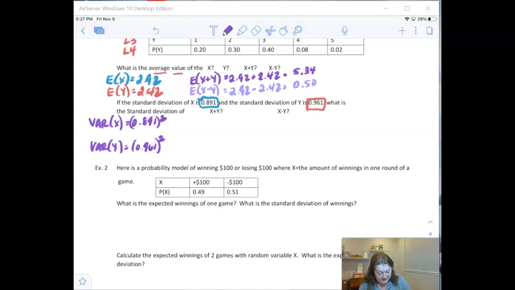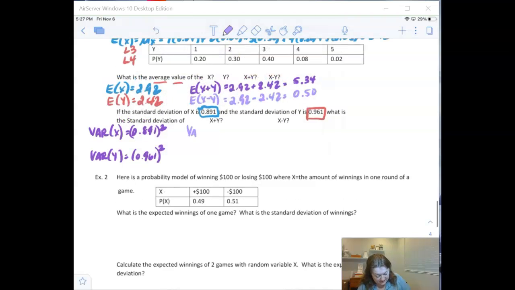All right, so next one, I want to find the variance of X plus Y. So the variance of X plus Y is going to be 0.891 squared plus 0.961 squared. Okay, and I'm going to go grab my calculator and figure out what that is.